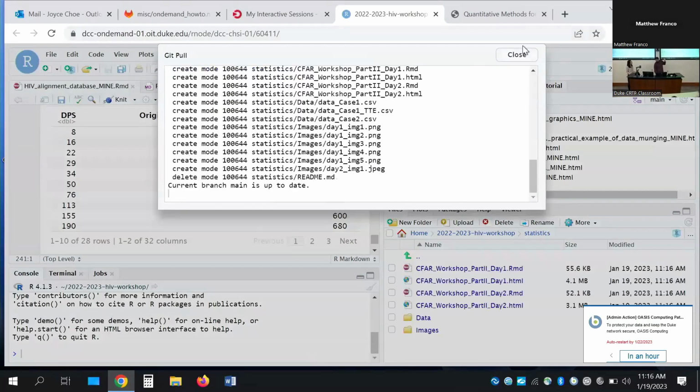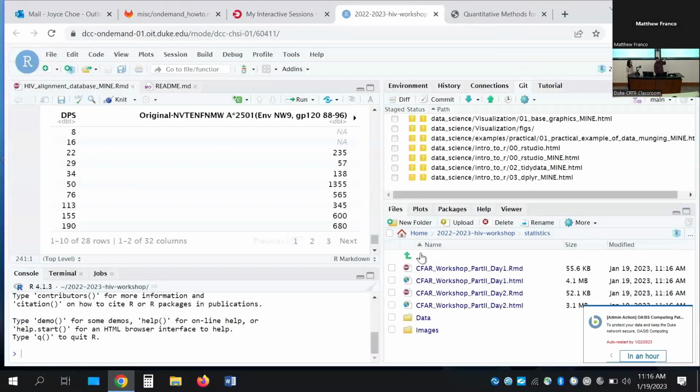Cool. And then now everything's in there. So it's this down arrow to pull.